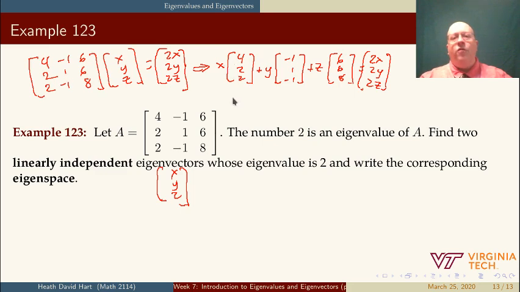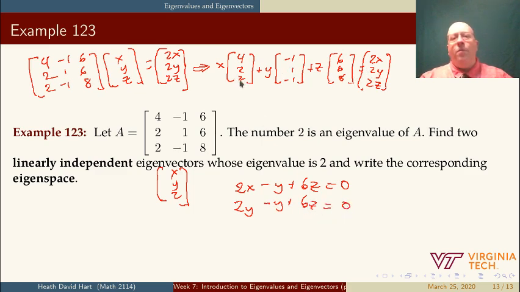The top row then becomes, instead of 4x, 2x minus y plus 6z equals 0. The middle row, when I take 1y minus 2y, I get negative y plus 6z is equal to 0.